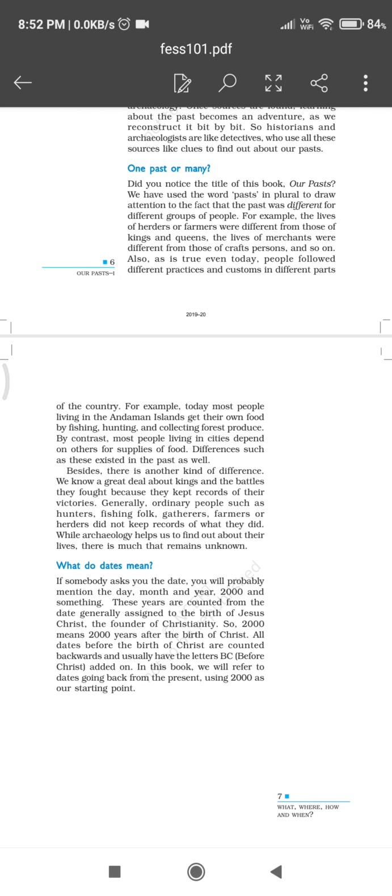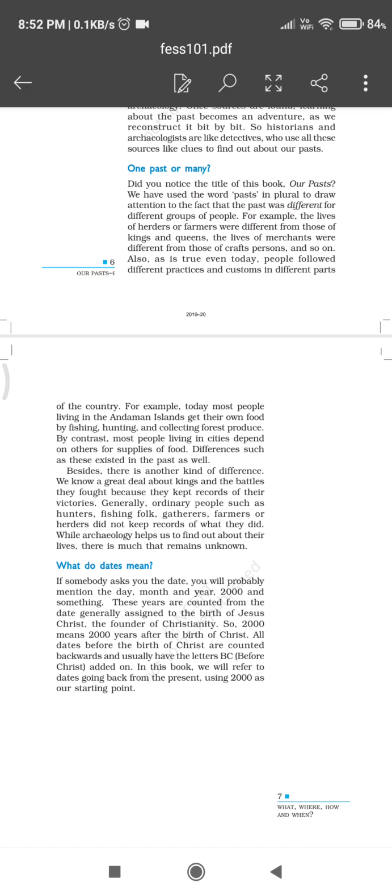Next topic is: what do dates mean? When you see the dates in your books, AD and BC are written with the dates. So what does it mean?